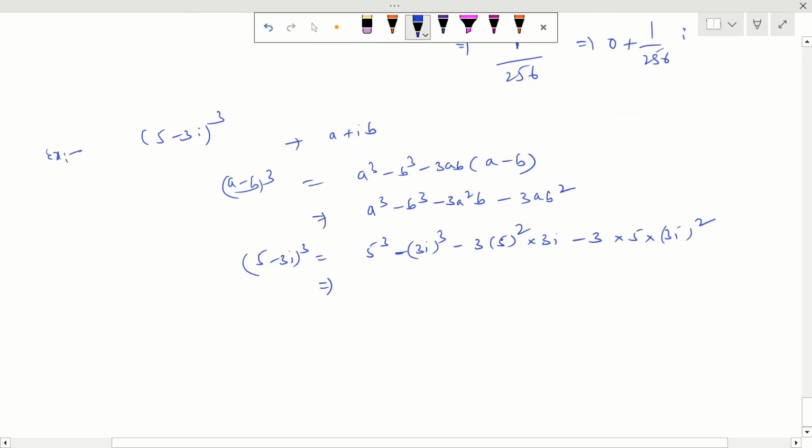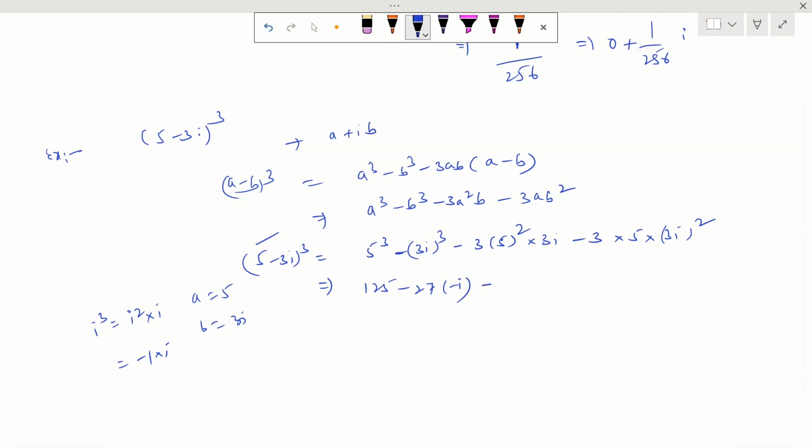Here a value is 5 and b value is 3i. So 5 cube is 125. 3 cube is 27, and what is the value of i cube? I cube is i square into i, which is minus 1 into i, so it is minus i. And here 3 nines are 27.